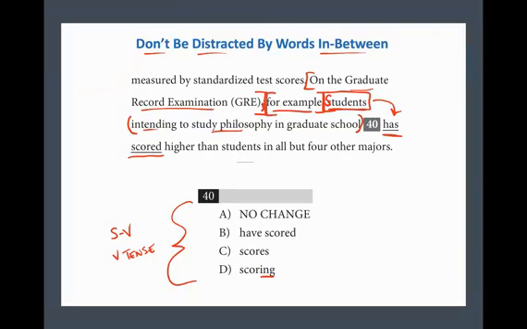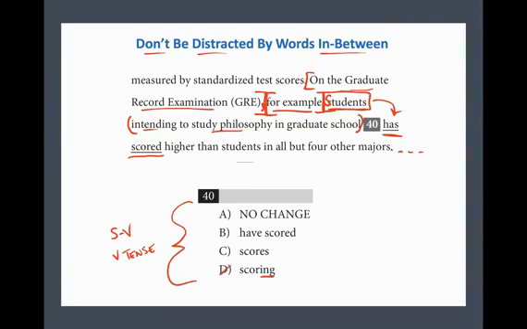And what happens if I put scoring in here, students scoring higher than other students, is it actually just adds another description. Which students? Oh, the students scoring higher. It doesn't function as a verb here. Or what it creates is the need for more information afterwards at the end of the sentence. And since the sentence ends, it doesn't make any sense.